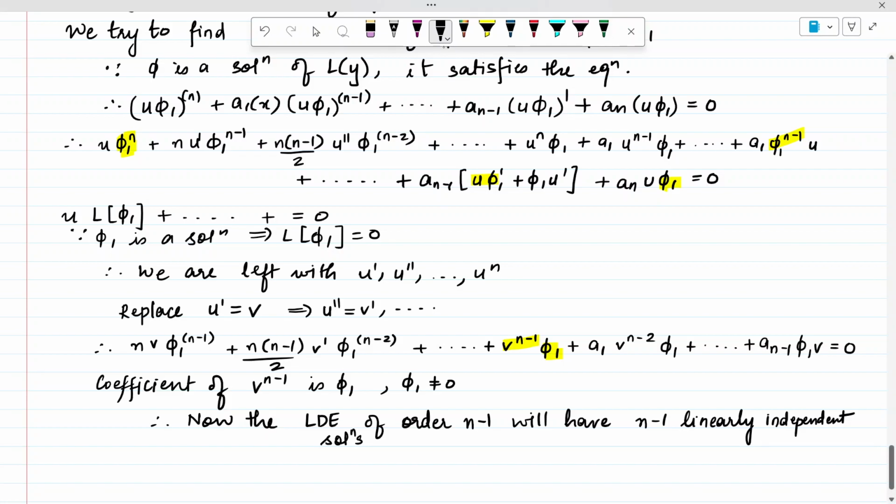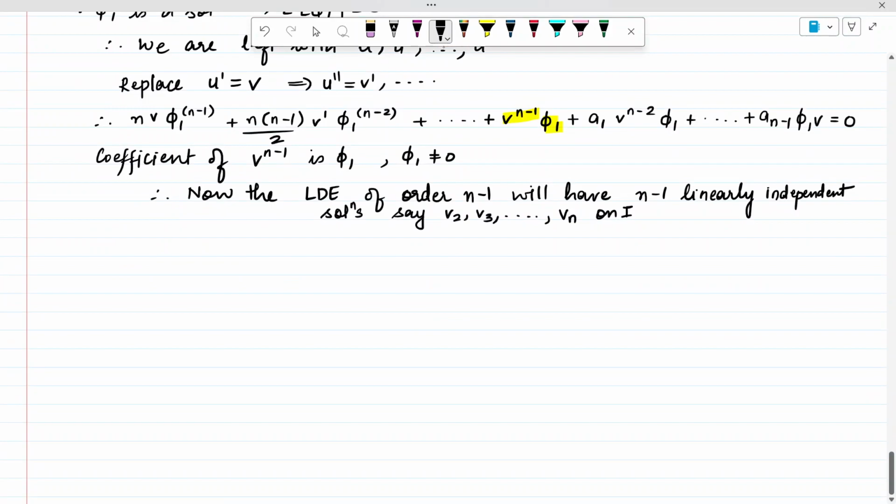Okay, let us call them as, say, v2, v3 up to vn. These are n minus 1 solutions. And this will be on the interval I where the differential equation is defined.